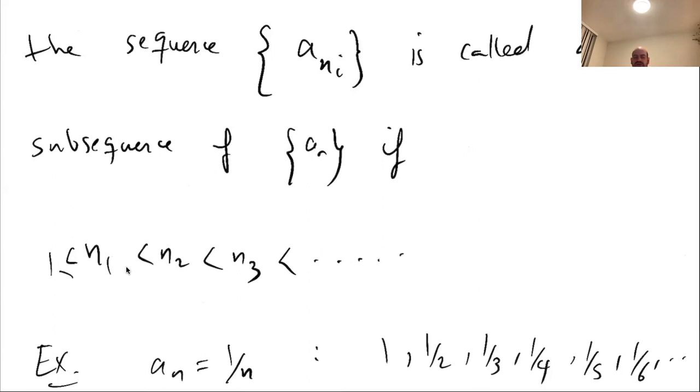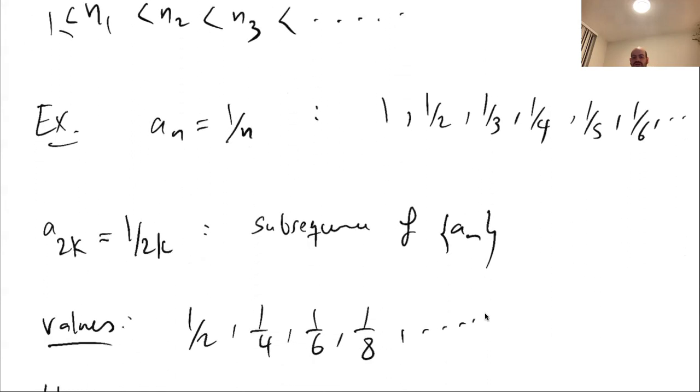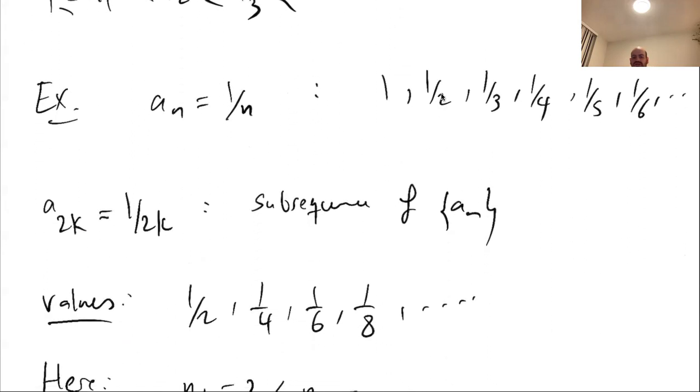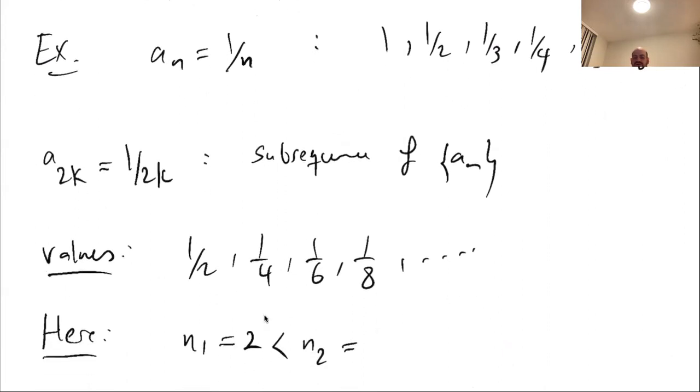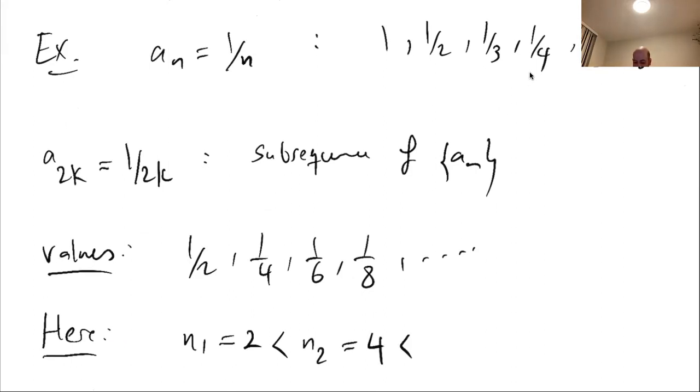N1 is some index chosen from the original sequence. In this case, the second index of the original sequence is the first index of the subsequence. Similarly, the second index of the subsequence, which we denoted with N2, is the fourth index of the original sequence. So N1 is 2, less than N2, which is 4, less than N3, which is 6, and so on.